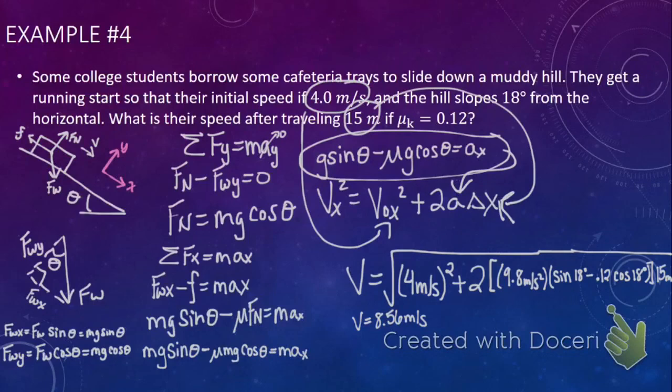So when we go ahead and plug all those numbers in and punch it into our calculator, we do get a total velocity of 8.56 meters per second.